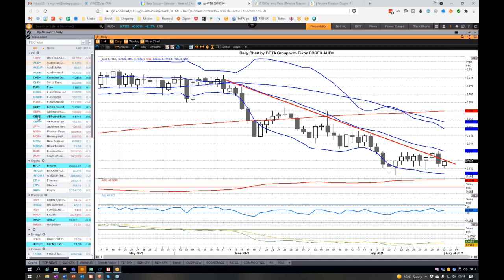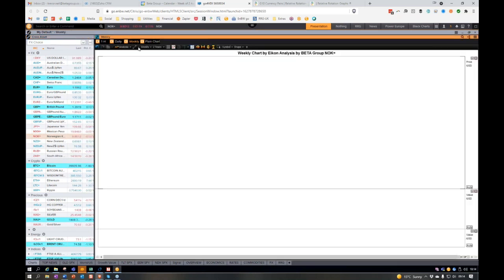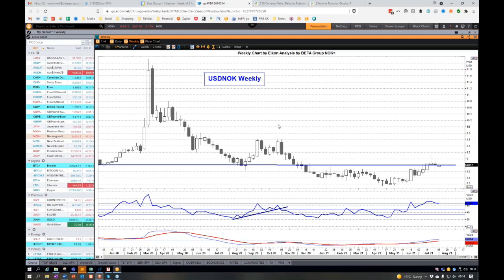And then over on the left, we had the Norwegian crown. Again, let's go to the weekly chart on that. We've seen this big bottoming pattern here, cup and handle pattern, if you like, coming back to the 880 resistance level. And that is a major resistance level.